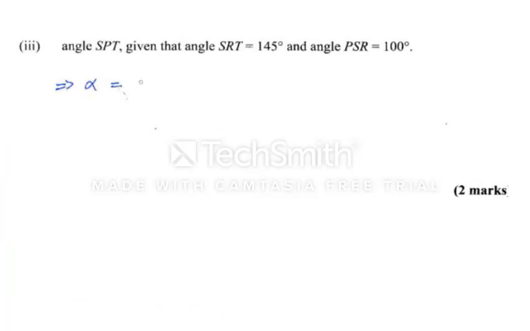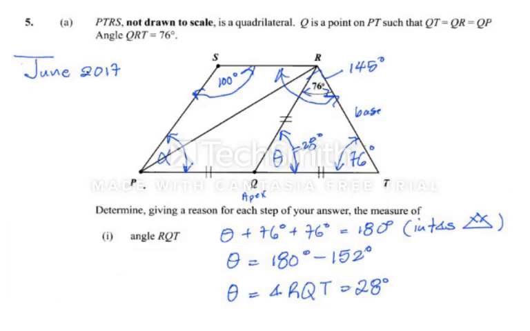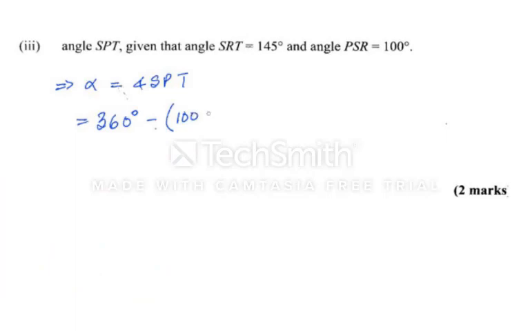alpha, which is angle SPT, would be equal to 360 minus 100 degrees plus 145 degrees plus 76 degrees. So this would be 360 minus 321 degrees.